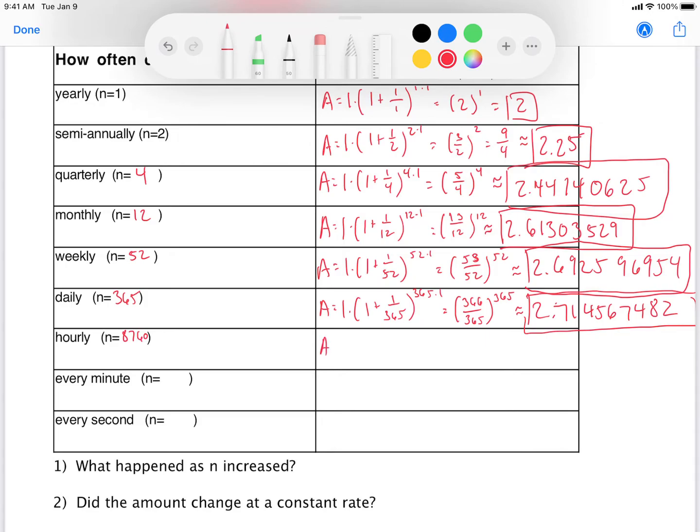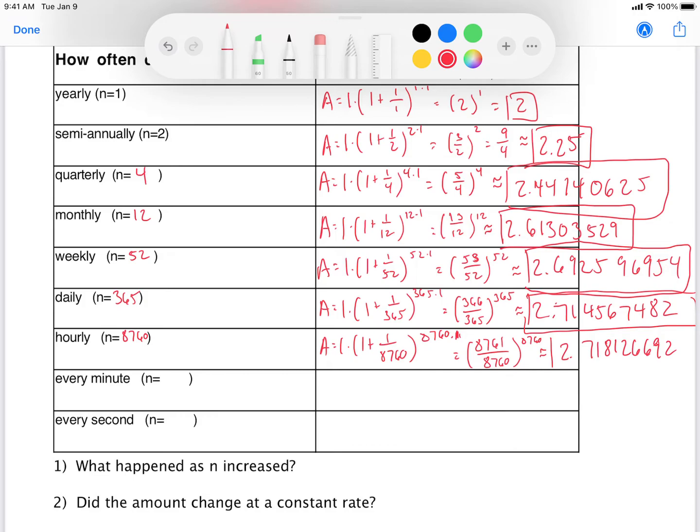So again, applying my formula, A is equal to 1 times (1 plus 1 over 8760) to the 8760th power, times 1 power, which would give me (8761 over 8760) to the 8760th power, which is approximately what? 692, okay.